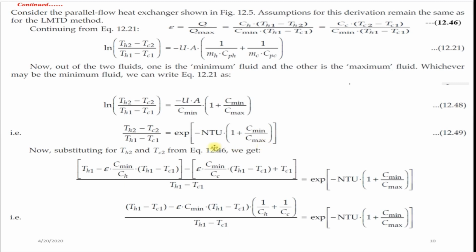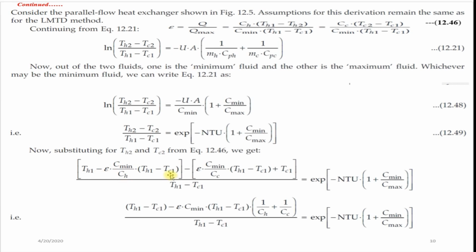If you simplify the above equation using the effectiveness equation, take the Th2 value and Tc2 value from it. Th2 is Th1 minus epsilon into C minimum by CH into (Th1 minus Tc1).